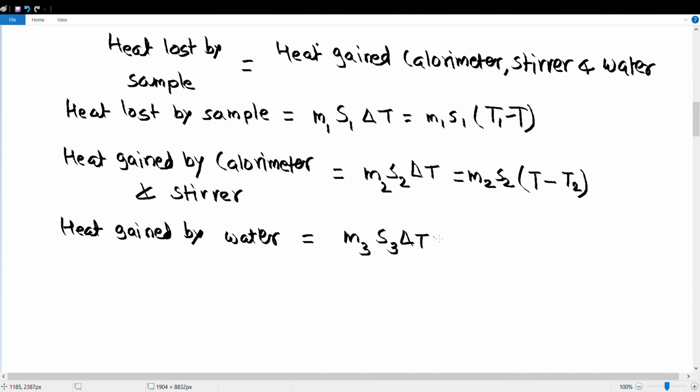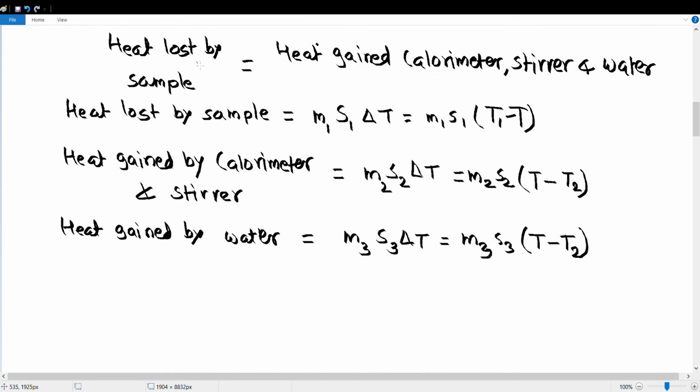Specific heat of water is S3. And the temperature difference is the same as that of the case of calorimeter. The water has the final temperature T and its initial temperature is T2.